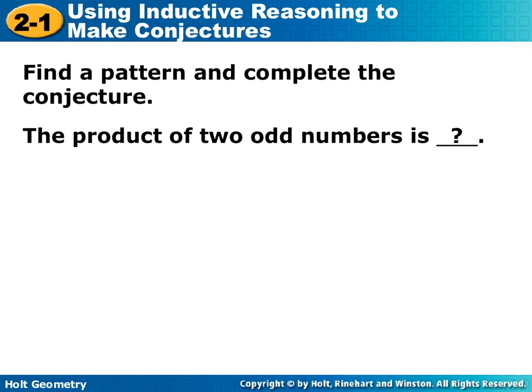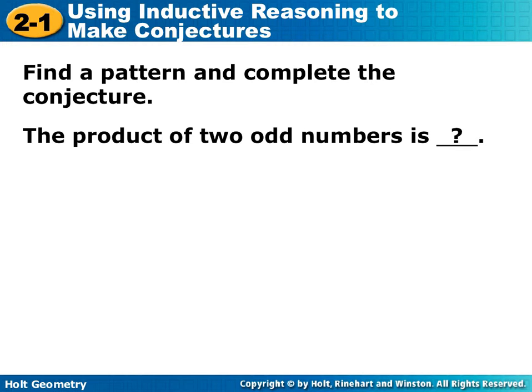How do you describe the type of answers you're getting? Product of 2 odd numbers is this one? Okay. Then what do you come up with? Did you complete the blank?